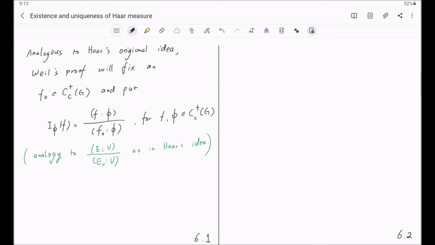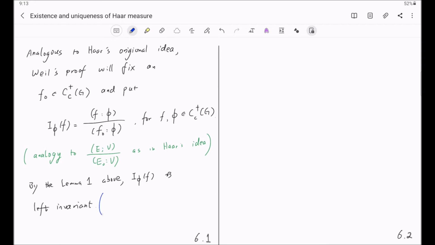Now, by the lemma 1 above, we see that I sub phi of F is left invariant. What does this mean?